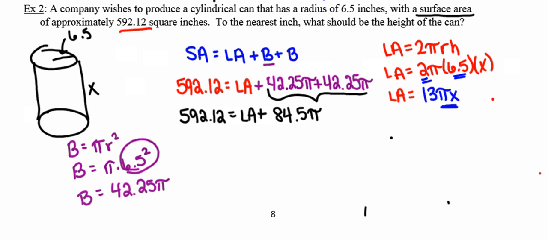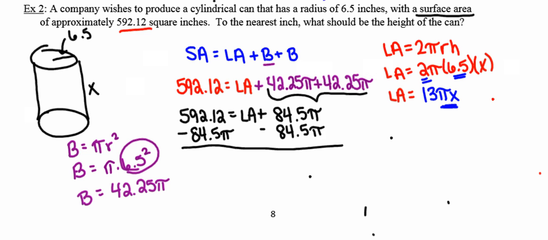To isolate the lateral area, I'm going to subtract 84.5 pi from both sides. So I end up with 592.12 subtract 84.5 pi on the left. And on the right, I have my lateral area.